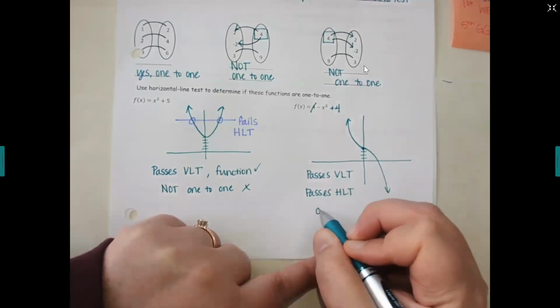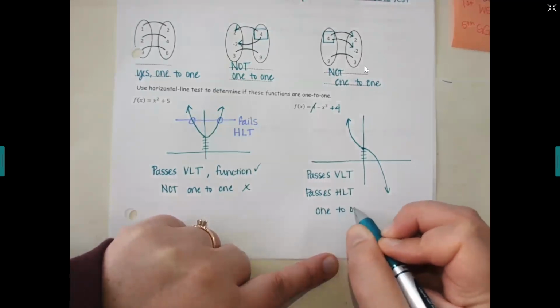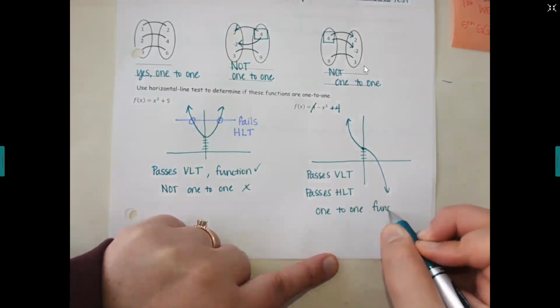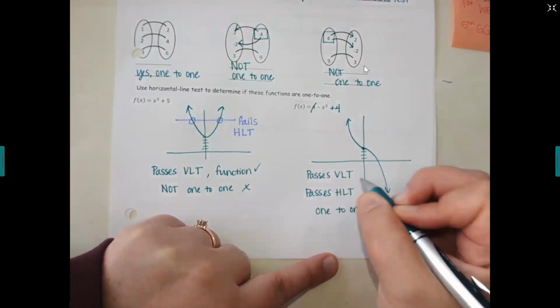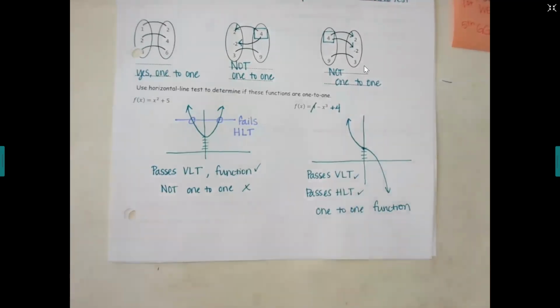So that means it is one-to-one and it's a function. I'm just gonna put check. Okay, and hopefully we know which one's which. It's the VLT that makes it a function. It's the HLT that makes it one-to-one. All right, turn the page when you're ready.